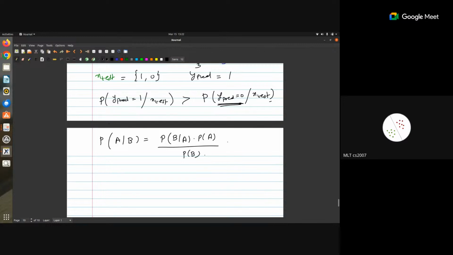So can I use this rule to find out this thing? This is a general Bayes rule. Can you tell me what I should write here for this part?